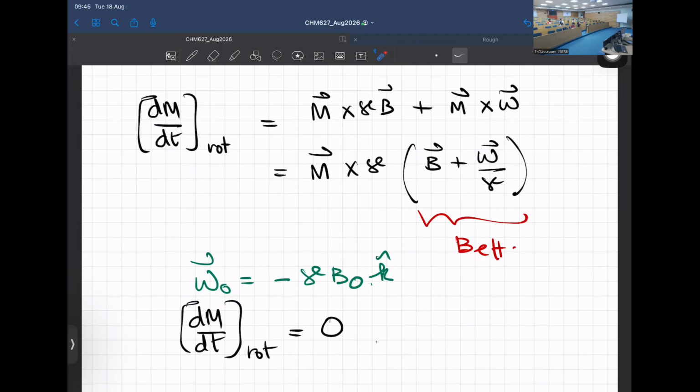Which once again makes sense, because your precession is also about the z-axis. So keeping the z-axis as the reference makes total sense, right? When you set this, the effective field at equilibrium goes to 0, which is where your magnetization remains the same, irrespective of the lab frame or the rotating frame.